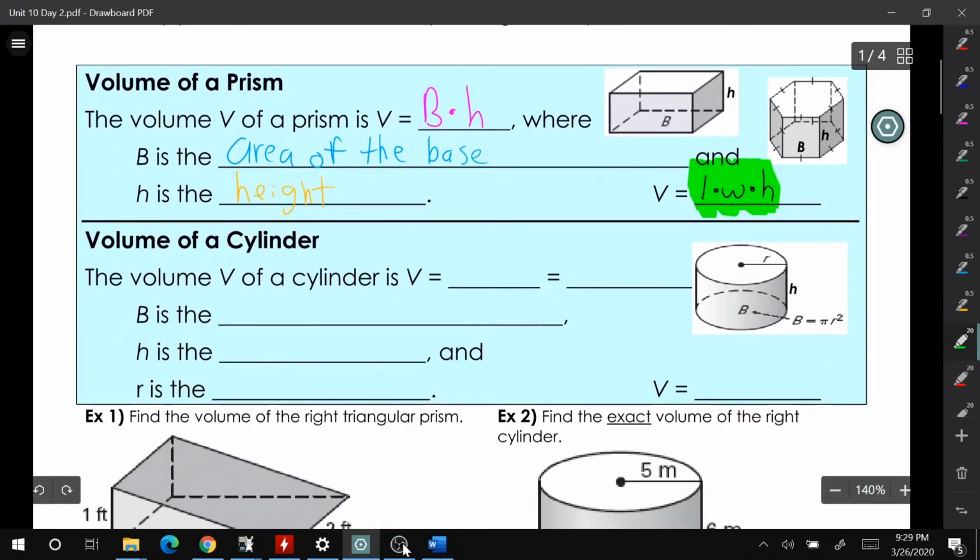Now the volume of a cylinder is the same idea, big B for the base times the height. However, since a cylinder always has a base that is a circle, instead of writing big B for your base, you can just write the formula for area of a circle, which is pi times r squared.